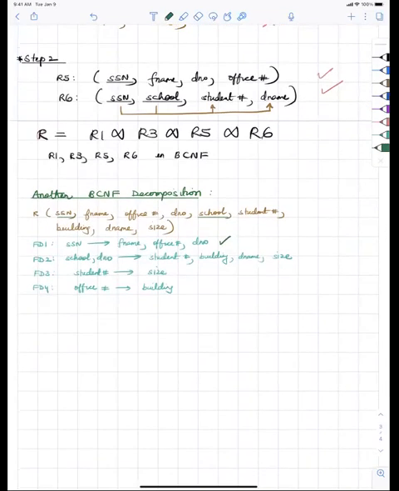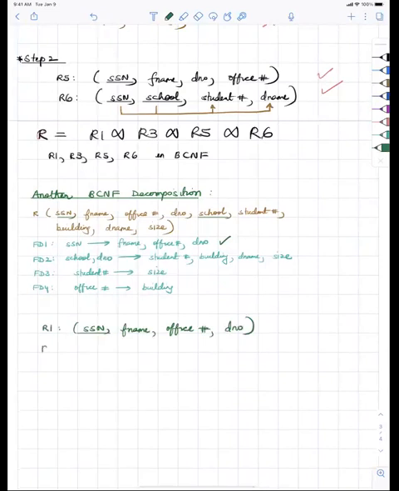So R1 now is SSN, FName, office number, and D number.